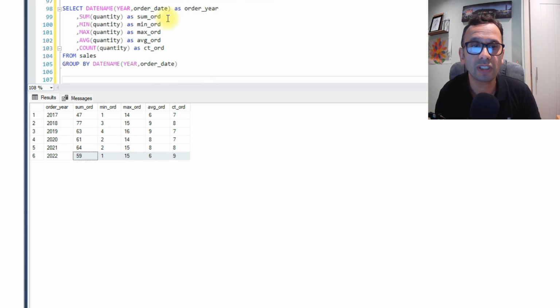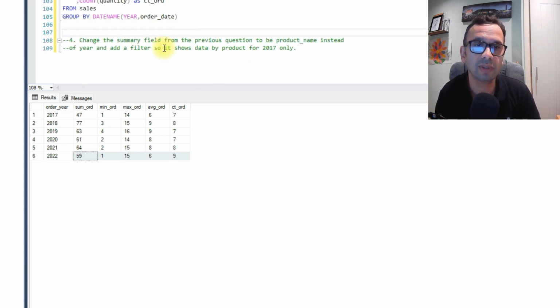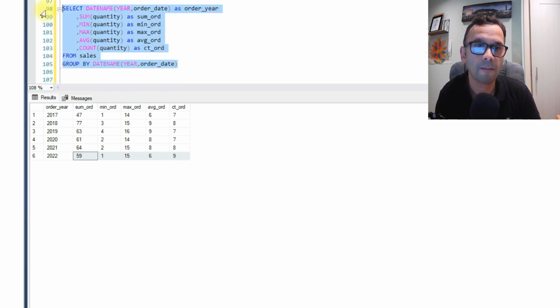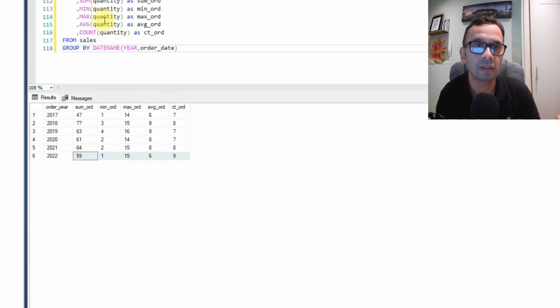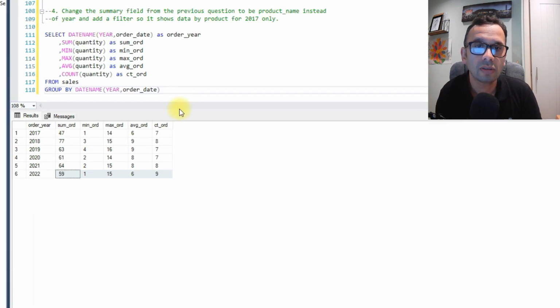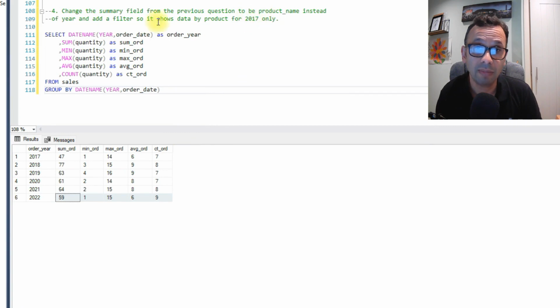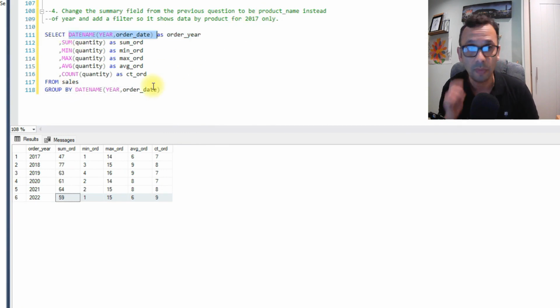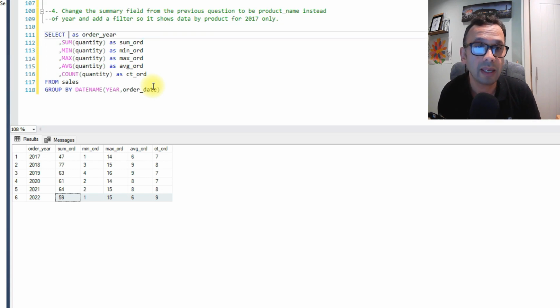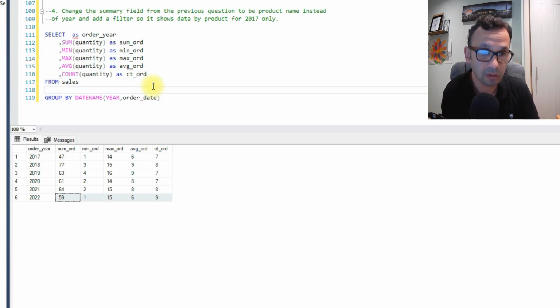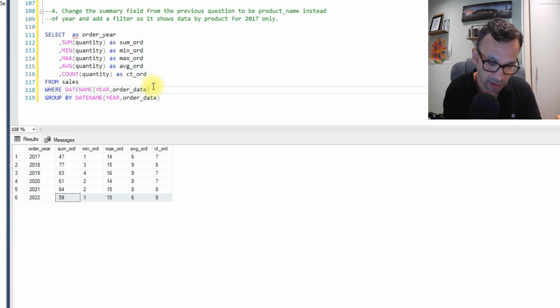Now question 4 says to change the summary field, so we're going to take this to be product name and add a filter so it shows data by product for 2017 only. So for that, the 2017 only, we can get the order year and we can move it from our select into our where clause equals 2017.